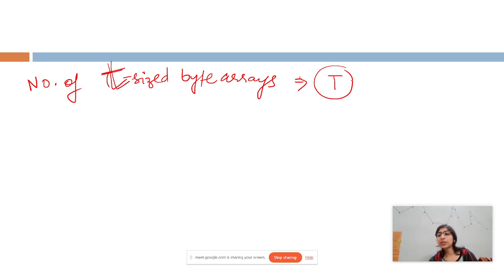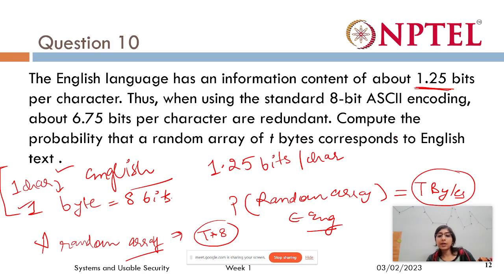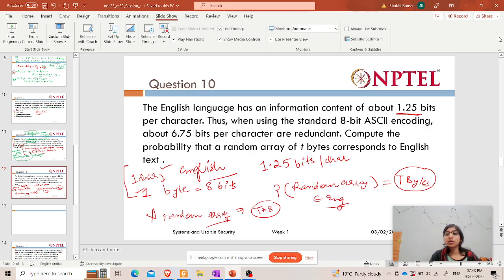How many such arrays can I have? Two to the power 8 times t, that is 2 to the power 8t. As he said, one random array can take up memory of 8 into t.